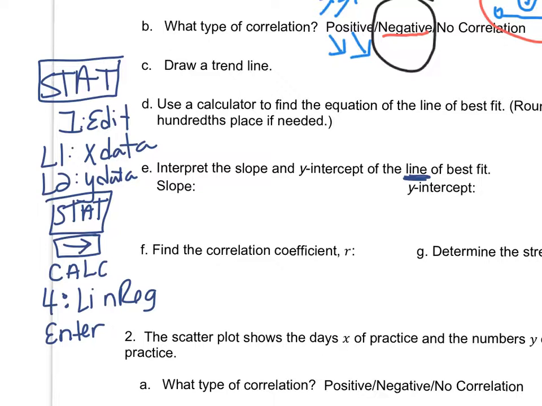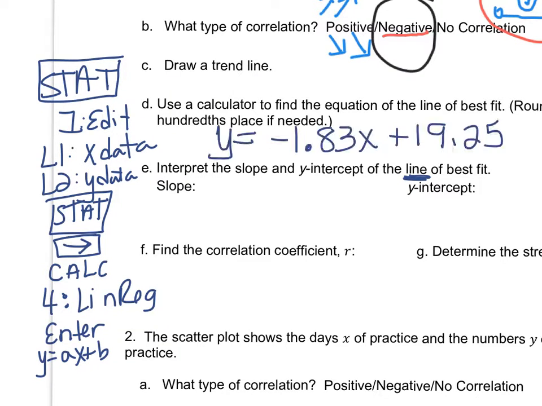It's going to give you y equals ax plus b, and then it's going to give you the value to plug in for a and the value to plug in for b. So go ahead and do that and write the a value is going to be your slope. You're going to put it here. The b value is your intercept, and then write your equation rounding it to the hundredths. Pause your video to do all that and then check back for the answer.